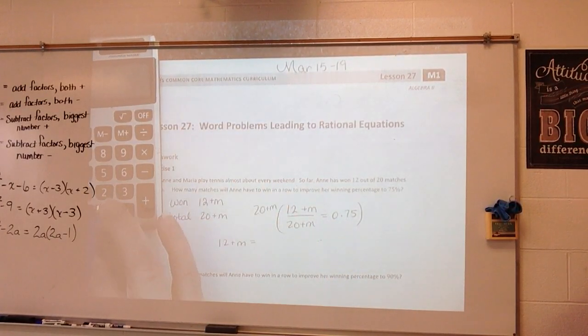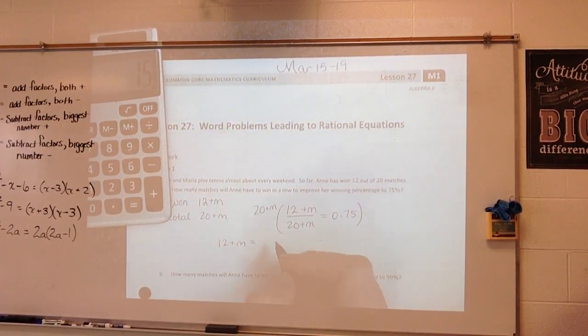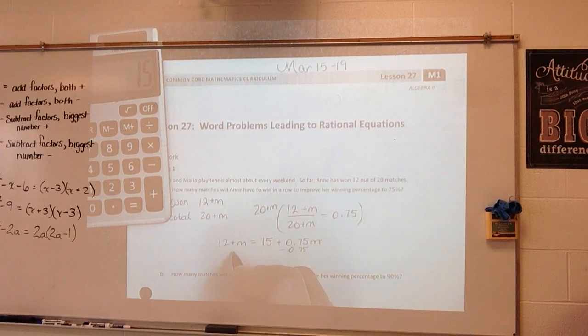Let's do 75 hundredths times 20 as 15 plus 75 hundredths M. Now we'll subtract that 75 hundredths. So I get 12 plus 25 hundredths M is equal to 15.